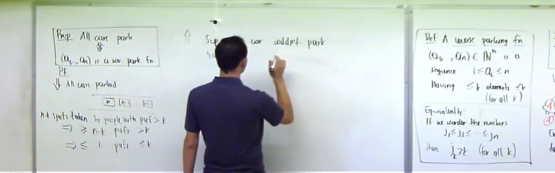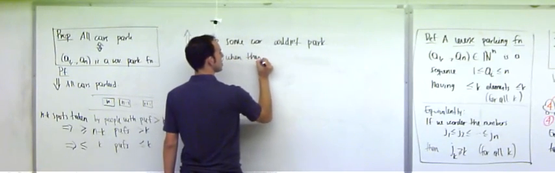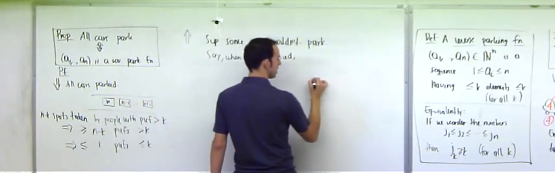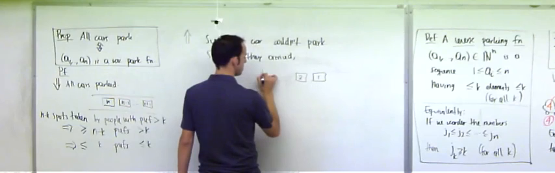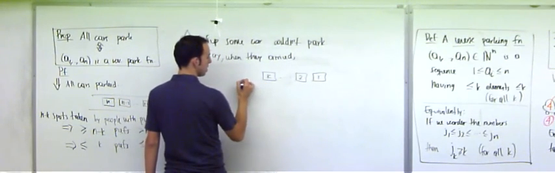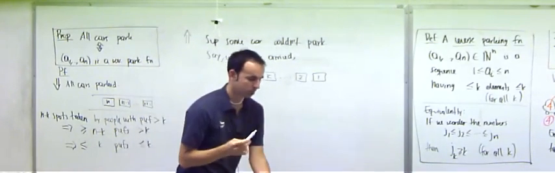Say when they arrived, we had this situation where 1 was full, 2 was full, up to k was full, and k plus 1 was empty.